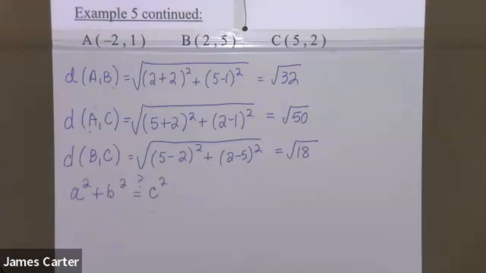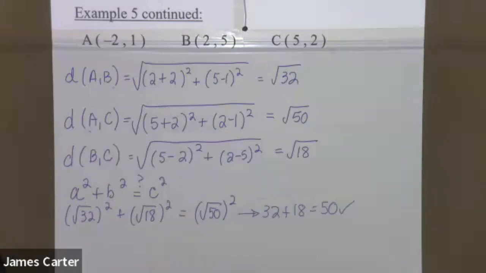So, using the quadratic formula, we take this one squared plus that one squared better equal this one squared. Okay, here's your C squared, B squared, A squared.